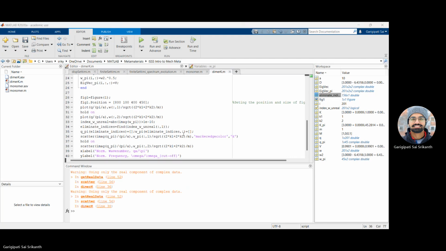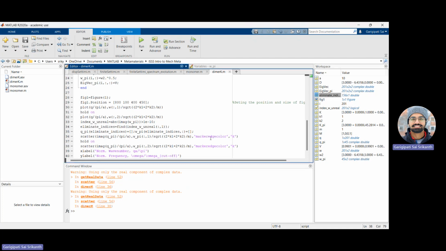Yeah. So let's just change it to face. Hmm. Yeah, but marker edge color is also important.